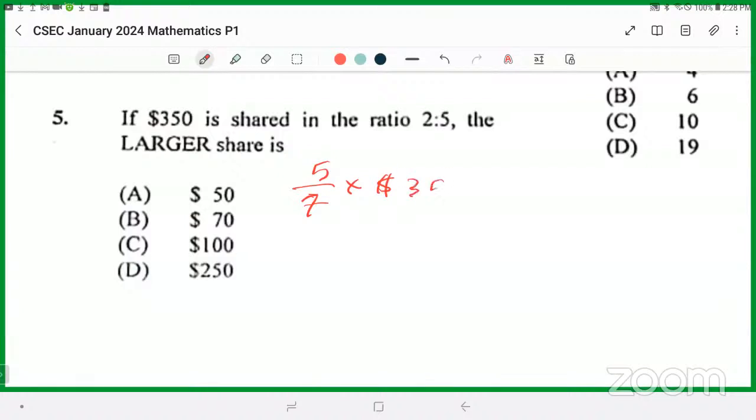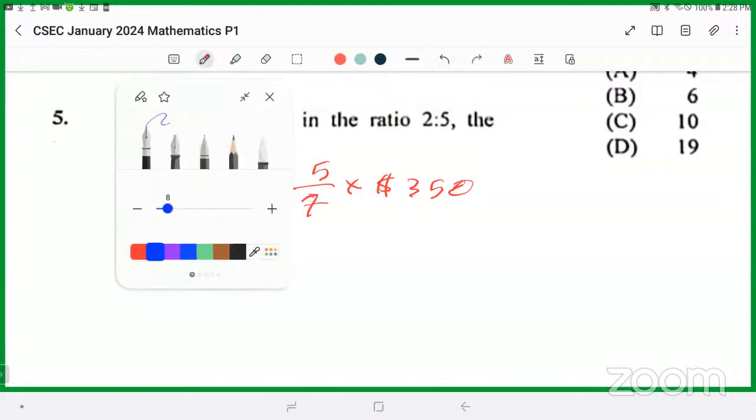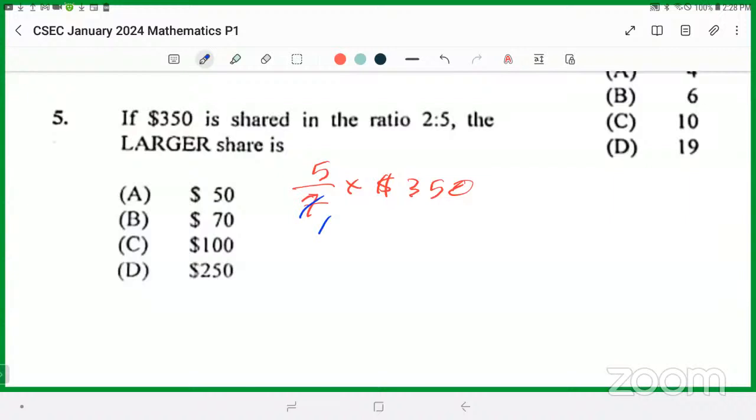That is a calculation. So we can go 7 into this one time, and 7 into 35 was 5 times. And then 5 times 50 is 250. So that becomes $250 right here.